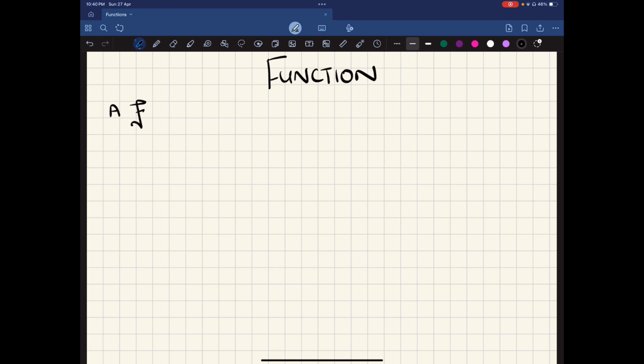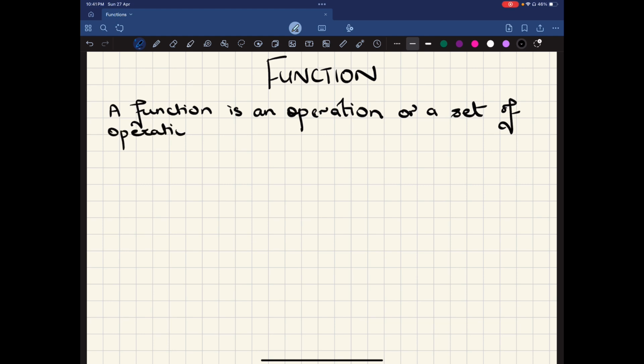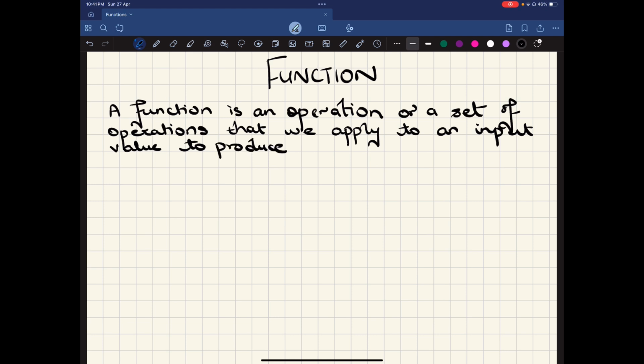A function is an operation or a set of operations that we apply to an input value to produce an output value.